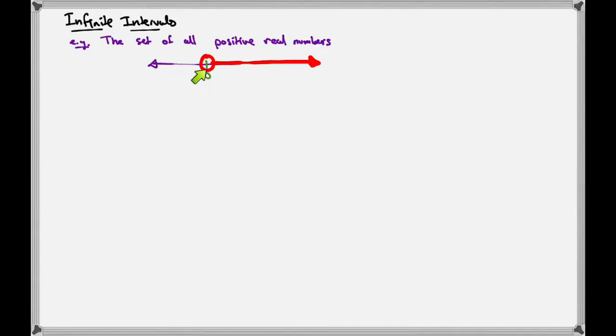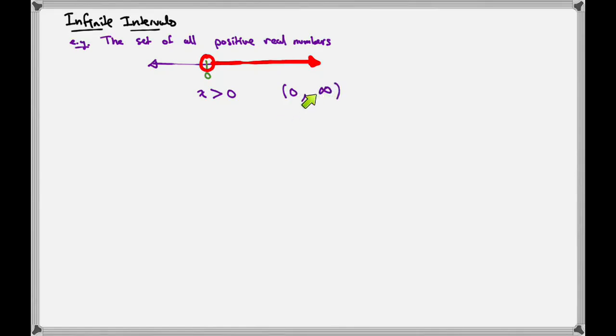Notice how I put a circle here, a little hole there, just to indicate that I'm skipping over 0 itself. 0 is neither positive nor negative. I would write that as an inequality by saying the set of all real numbers x, which is strictly greater than 0. And in interval notation, we would write this as 0 to infinity.